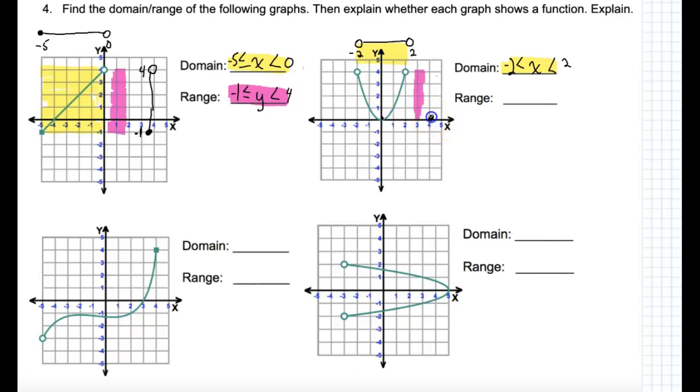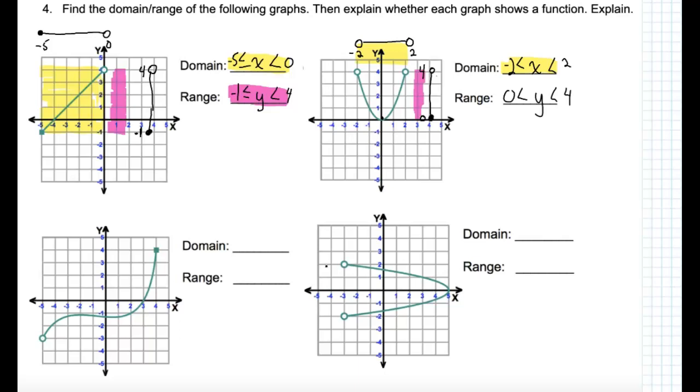So we'll put a dot there and then an open circle up here. So it's going from 0 up to, what's that, 4? So it's in between 4 and 0.